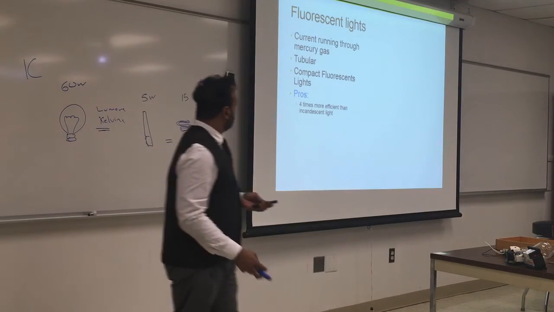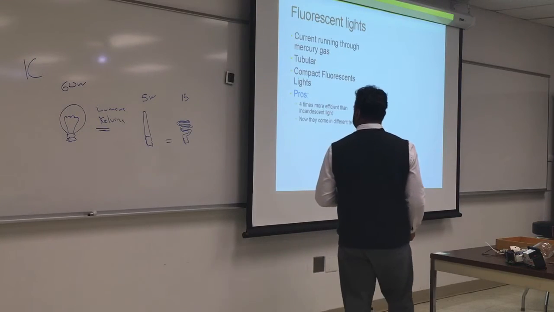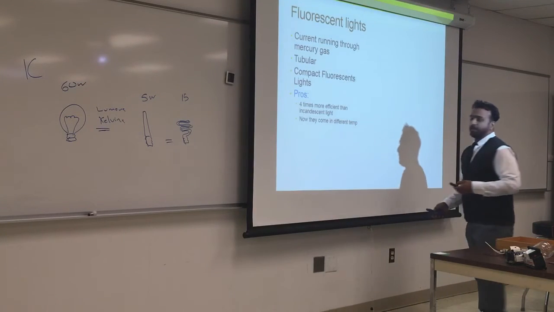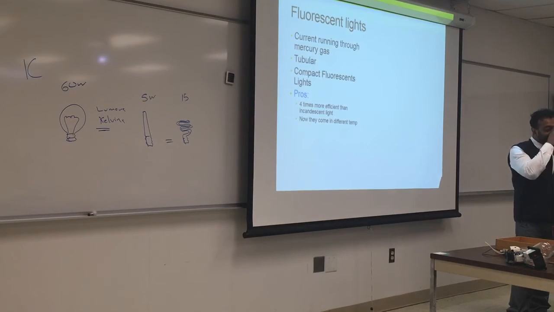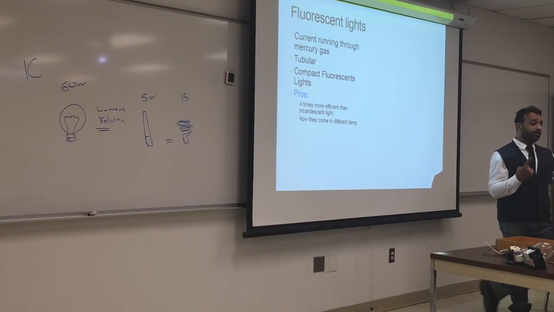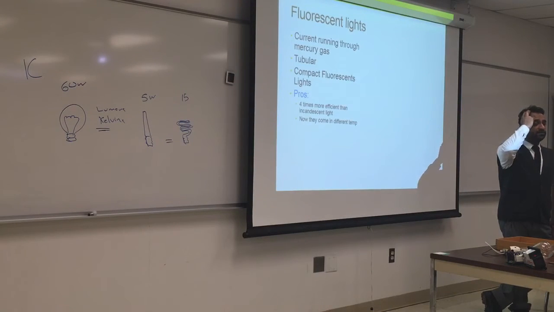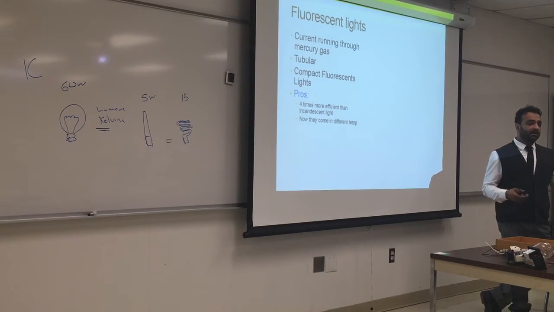So 1/4. They come in different temperatures. In the beginning, people just did not like the cool color in a house, and that's one of the things that stifled their growth. So somebody had to come up with a different gas that can be ionized and produce different temperatures. They last longer. The life expectancy was around 2 years.